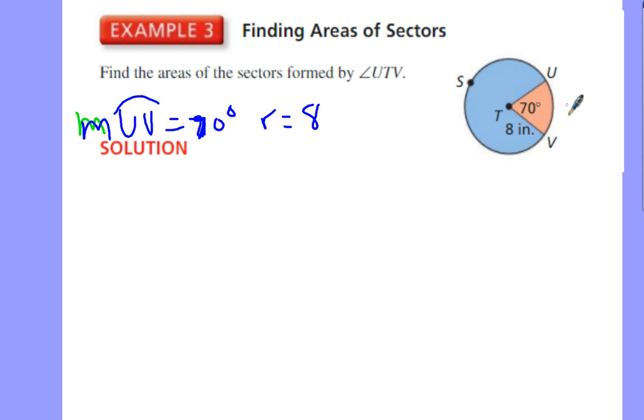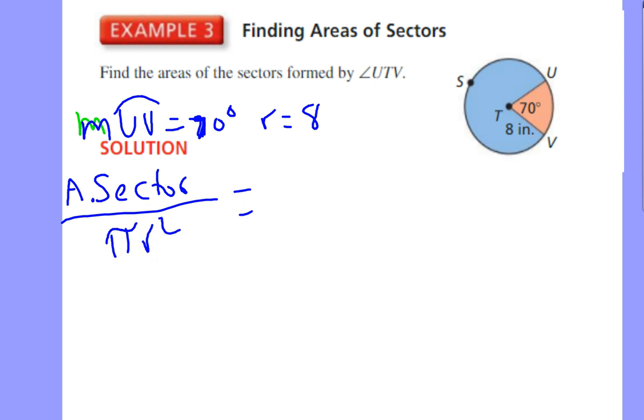And so I can go ahead and find the area by utilizing our new area of a sector formula. So the area of a sector is to the whole area, pi r squared, equal to the measure of the arc over 360 degrees, UV.